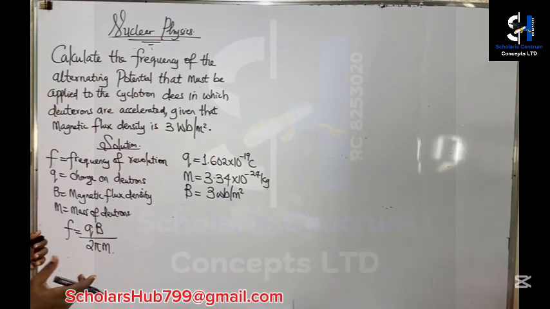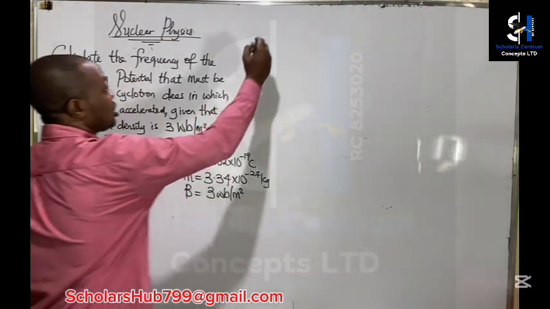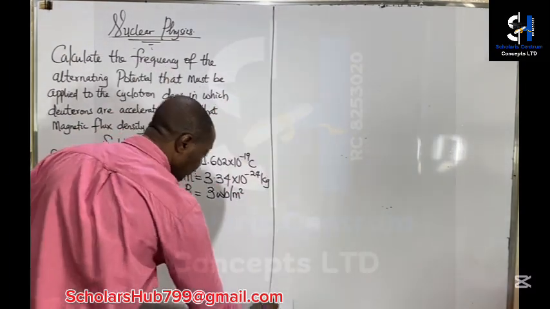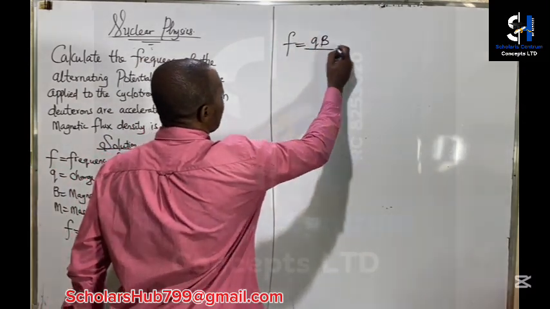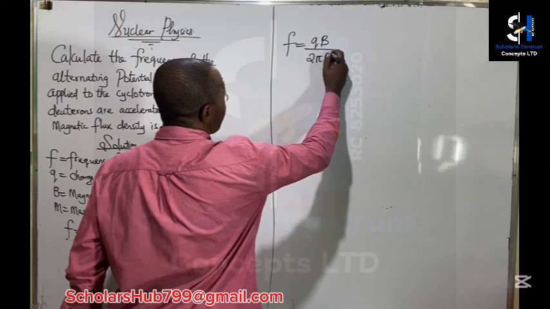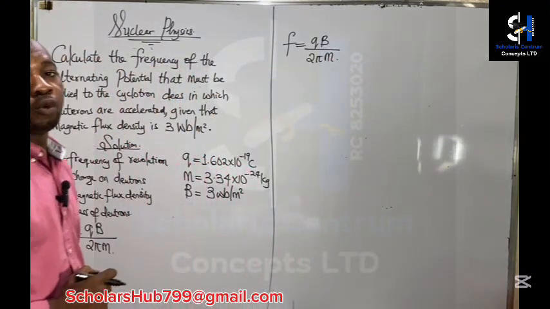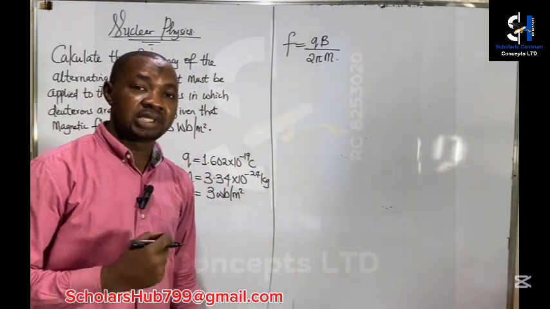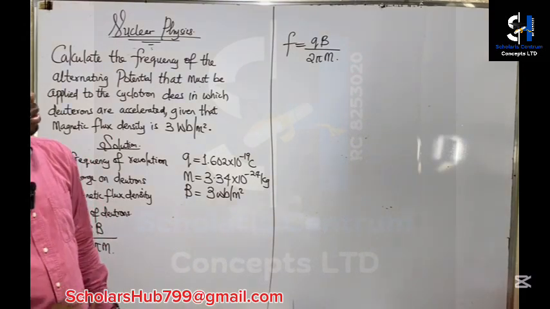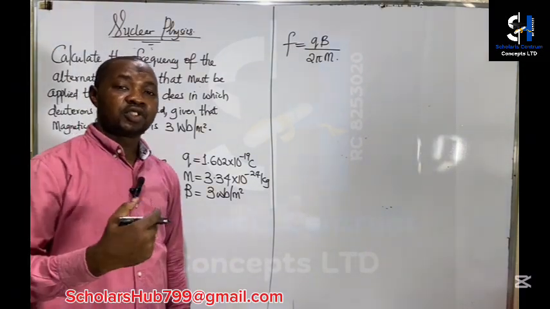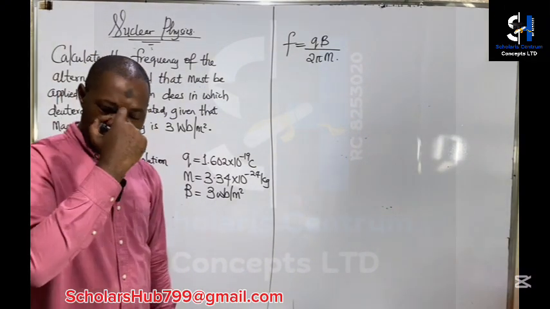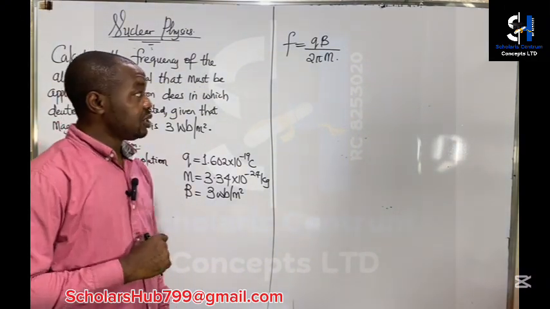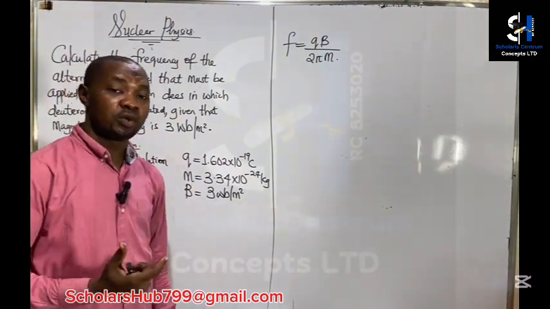So we want to calculate the frequency. The frequency is QB all over 2 pi m. This is the frequency of revolution when we have a charged particle in a transverse uniform magnetic field describing a circular path, as in the case of the cyclotron.